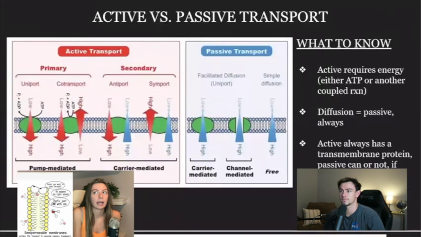We talk about carrier proteins or channels, and transport proteins is really the catch-all name for them. I want to say that they are fairly specific. Like in that last question, answer choice D talked about ion channels, and it's only going to let in certain types of ions.